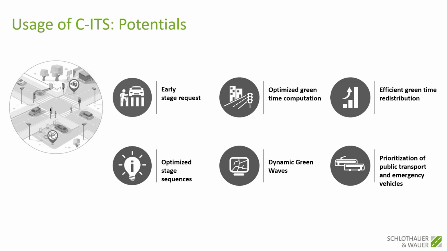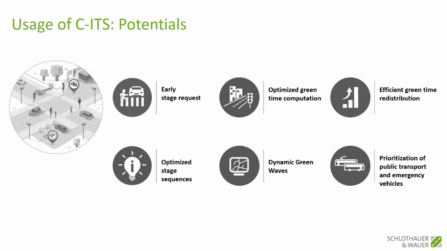What can be achieved is earlier stage requests, because you have more information from further down the street. Optimizing our stage sequences will hopefully become easier. Dynamic green waves are easier to implement if you have more information about the platoons on the street. And of course, prioritization of public transport can also be enhanced.